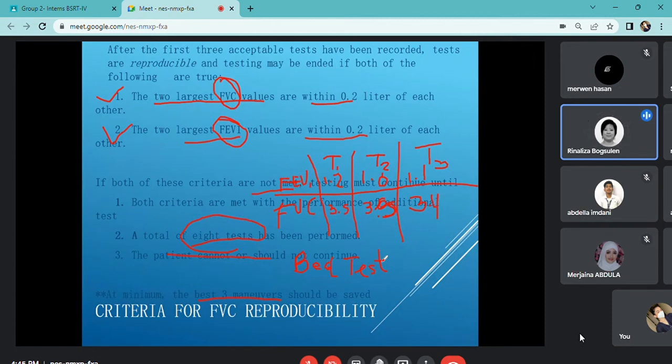So meaning, FEV1 mo, 1.2. FVC mo, 3.5. Kasi yun yung trial 1. Okay. How about the rest? Tama ba yun? That you should have trial 1 din?